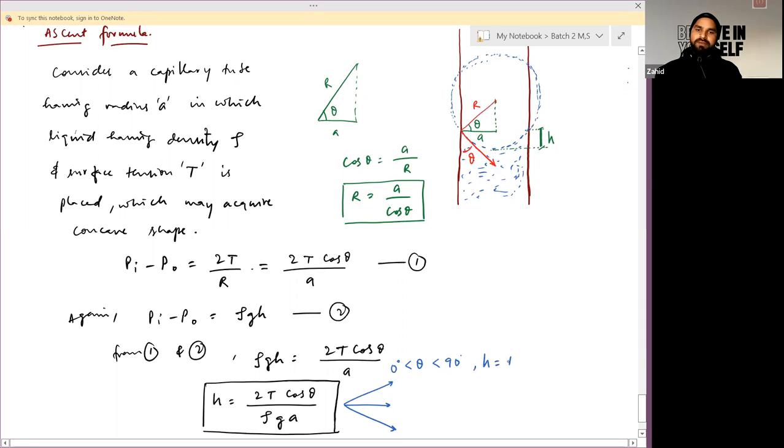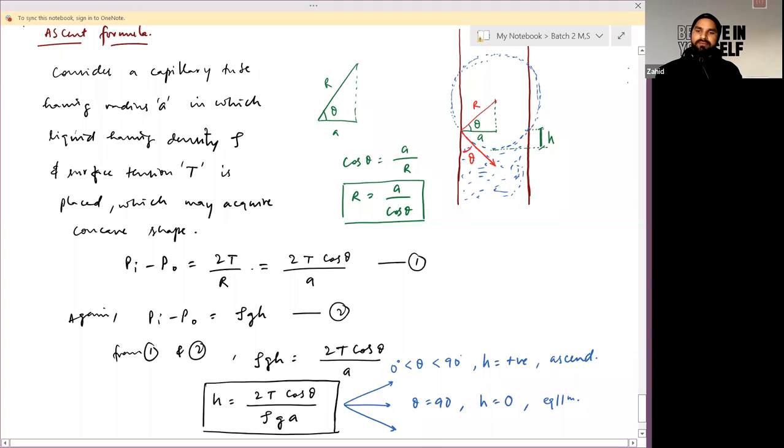So h will be positive, so the level of liquid will ascend. In the second part, if theta is 90 degree, cos 90 is 0. So h will be 0, so there will be no change in level of liquid. It will remain stationary, in equilibrium.